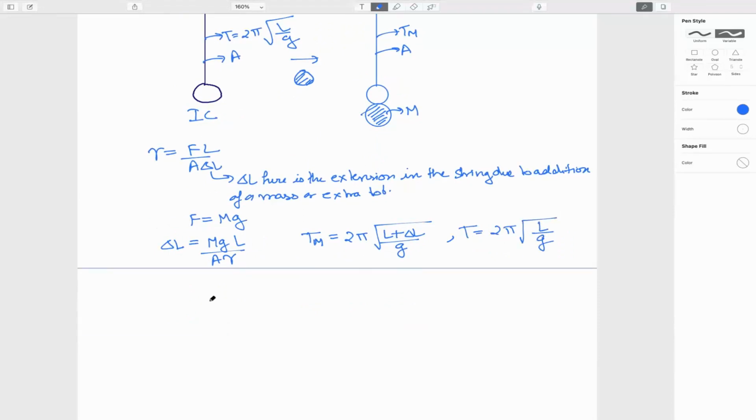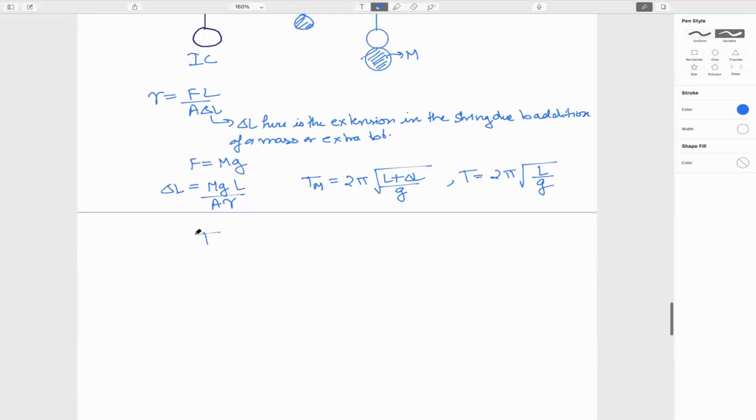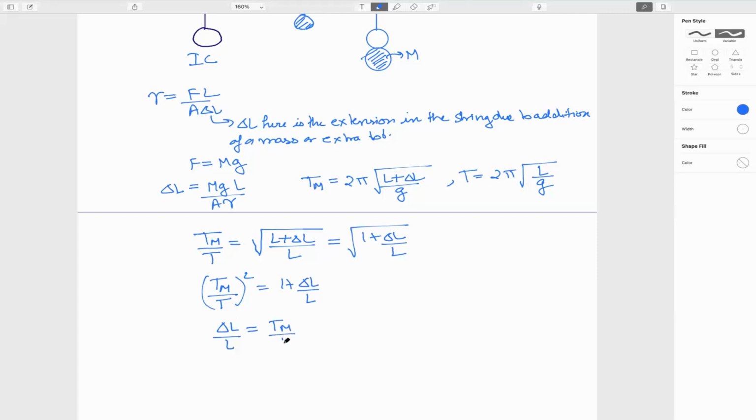Because in the options we have Tm by T, we should divide Tm by T. What we get is under root of L plus delta L divided by L, which comes out to be 1 plus delta L by L. Squaring both sides, Tm by T square is equal to 1 plus delta L by L, and delta L by L comes out to be Tm by T square minus 1.